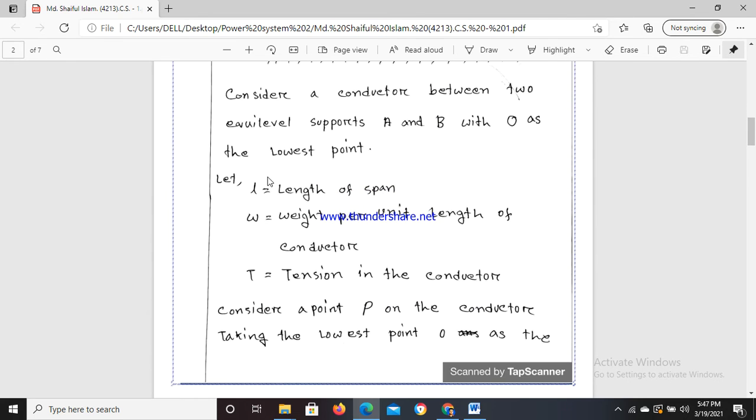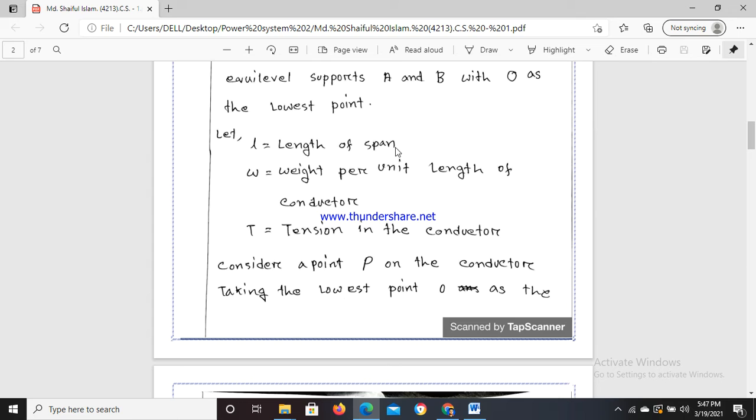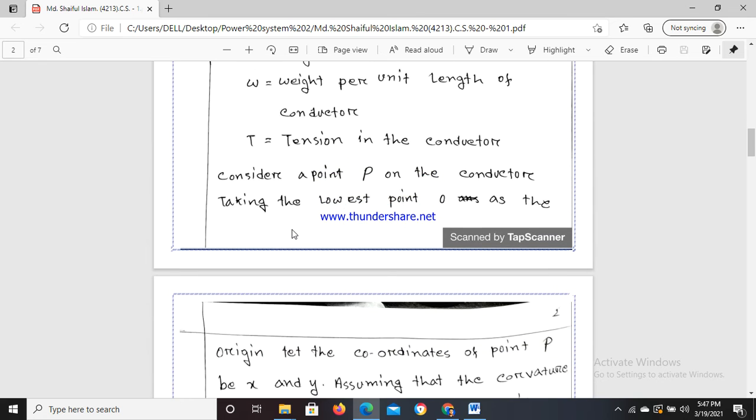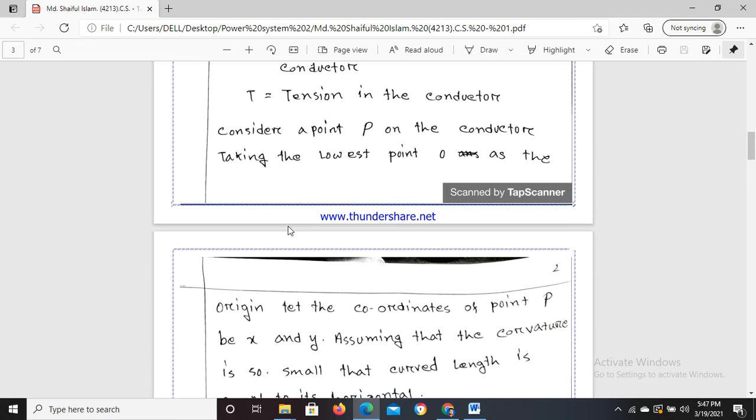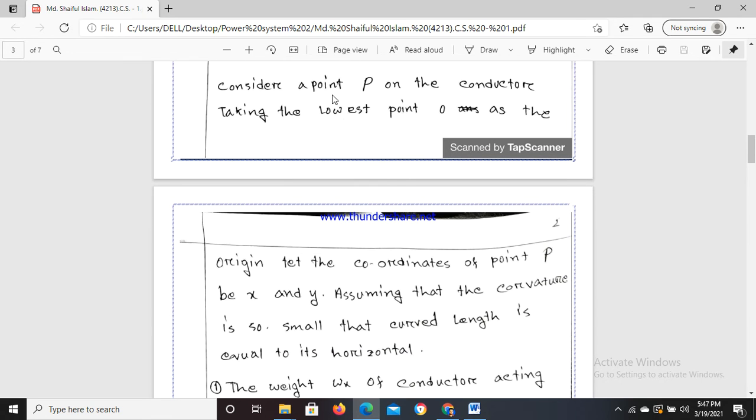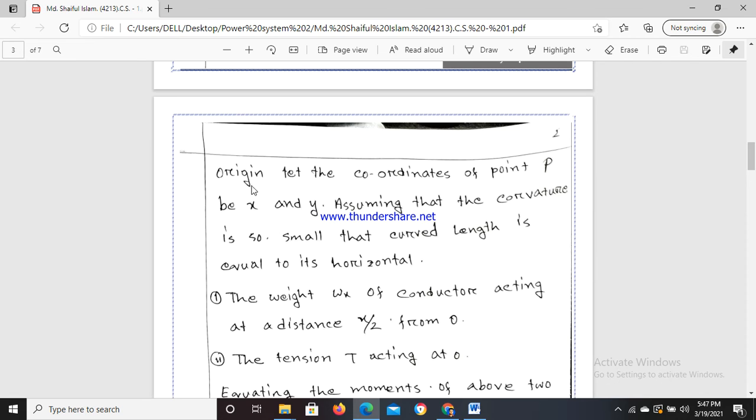Let L equal the length of span, w equal the weight per unit length of conductor, T equal the tension in the conductor. Consider a point P on the conductor, taking the lowest point O as the origin. Let the coordinates of point P be x and y.